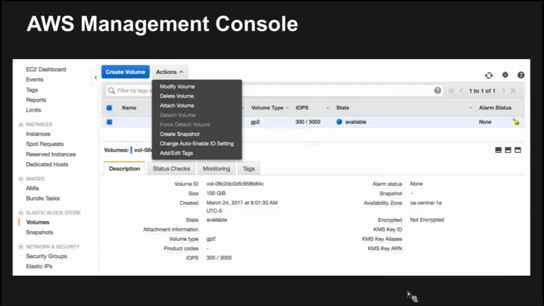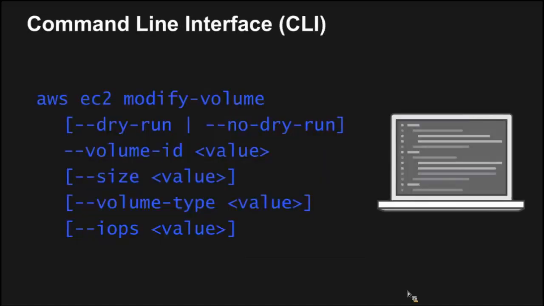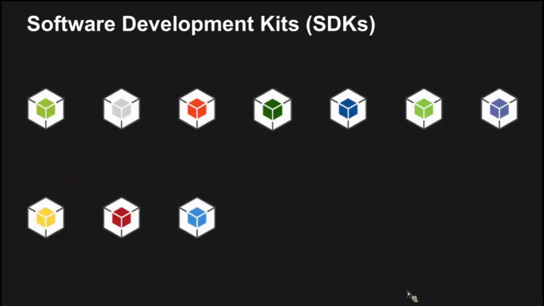So how many tools do you think we can use to modify volumes? You guessed it, 3. We can use the AWS Management Console, we can use the CLI, and we can use the SDKs. The Management Console is very easy. Go into the EC2 Management Console, select Volumes, select the volume you want to modify, choose Actions, Modify Volume, put in the characteristics of that volume, click Modify, confirm, and then you're good to go.